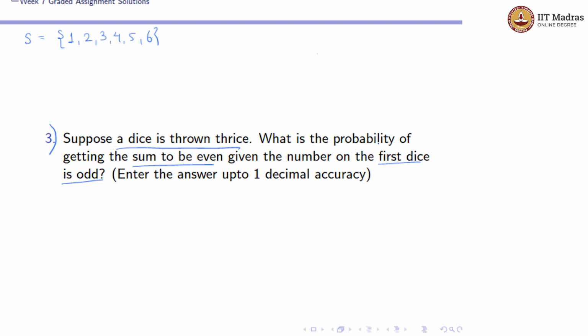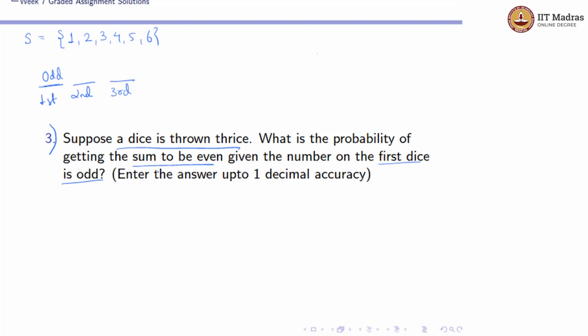Now we have to find the probability of getting the sum to be even, given the number on the first dice is odd. The information given prior to us is that on the first throw, the number that appears is odd. So let's say this is our first throw, this is our second throw, and this is our third throw. We know that the number on the first dice throw is odd, and now we have to find the probability of getting the sum to be even.